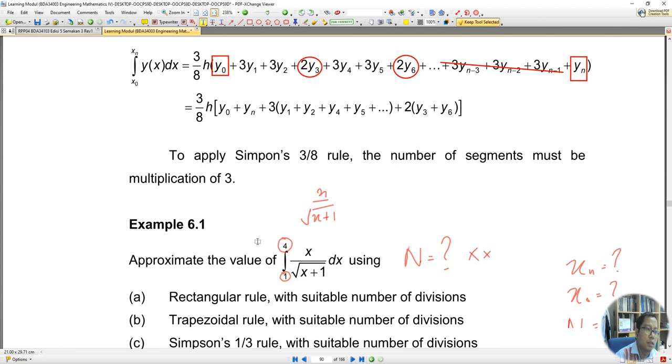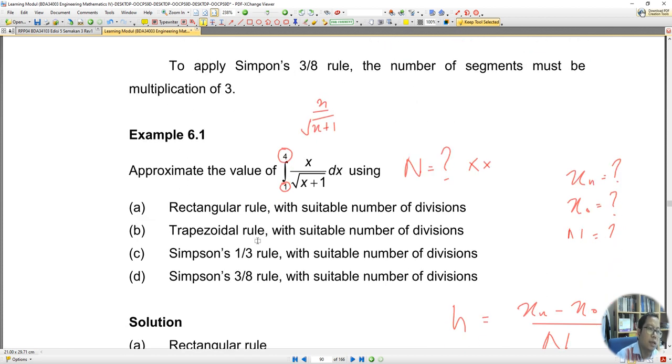So without delay, we proceed to example 6.1, where we have a function here: the approximate value of the integral of x over the square root of x plus 1 dx, where the limit is from 1 to 4.